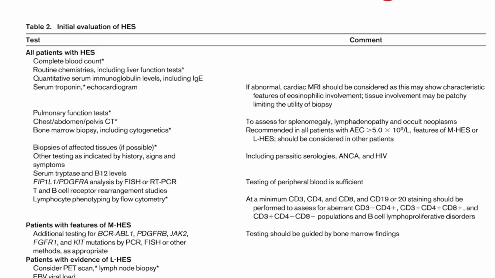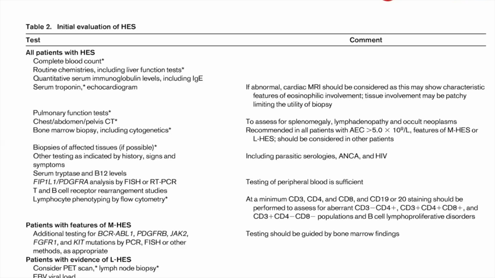So in my initial evaluation, for all the patients in whom the eosinophil count is high, I will send for an absolute eosinophil count that will be measured in a Neubauer's chamber. Following which I will do an LFT and send for immunoglobulin levels, including IgE, serum troponin, ECG, pulmonary function test, and a chest X-ray.